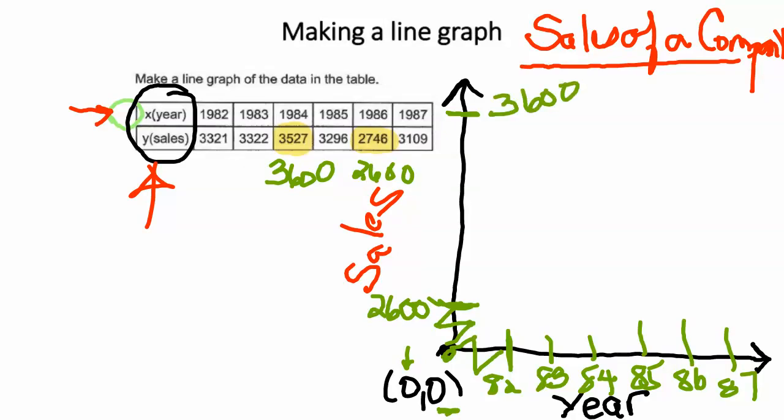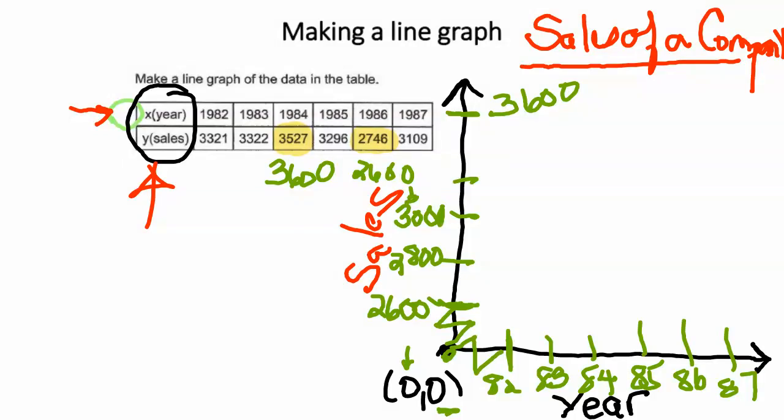Now, you can set it up as 26, 27, 28, 29, 30. You can make 10 little increments. You can also set these up in 500s. You have to decide, well, I'm going to go 26. I'm going to say that this is 28. This is 3,000.